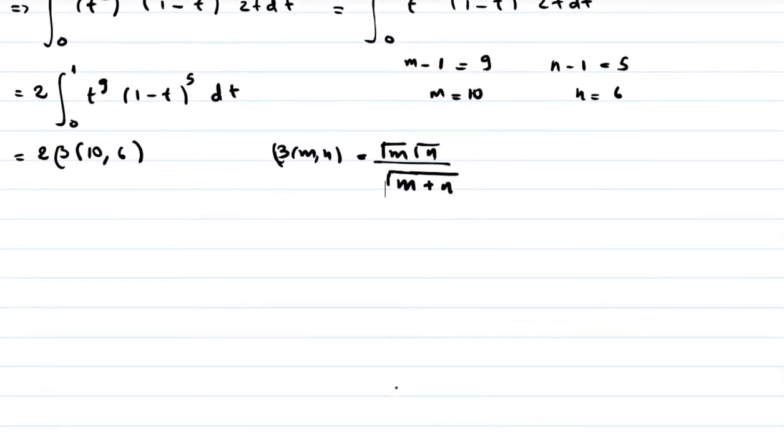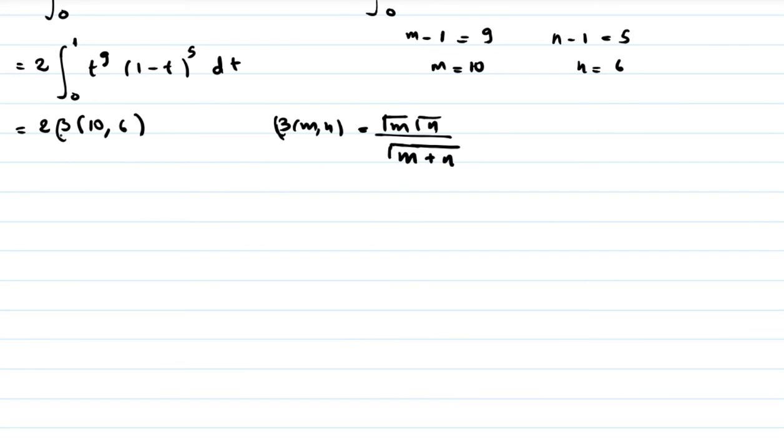So we can rewrite this in terms of the gamma function, because the gamma function also has a relationship with the factorial. So this is equal to 2 into gamma of 10, gamma of 6, divided by gamma of 10 plus 6, which is 16.